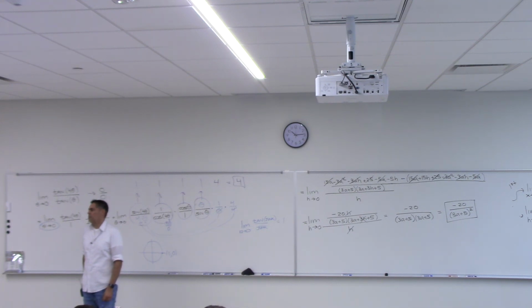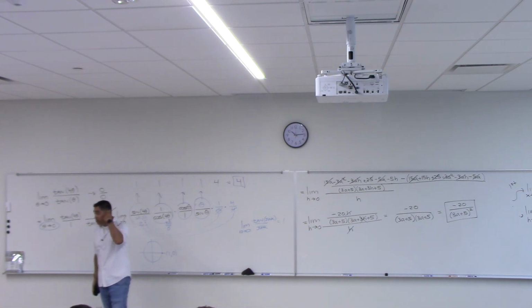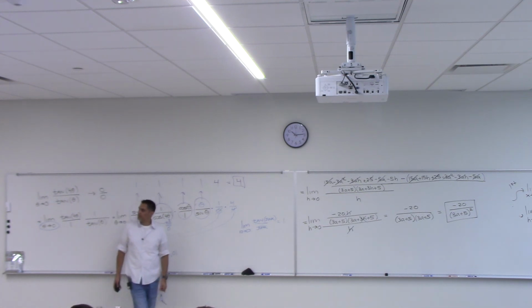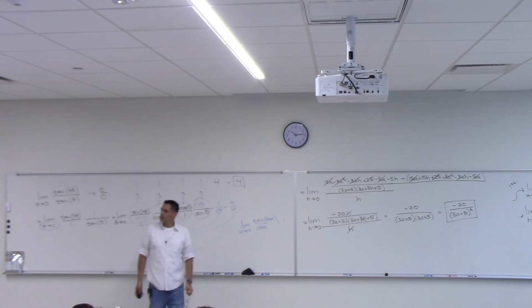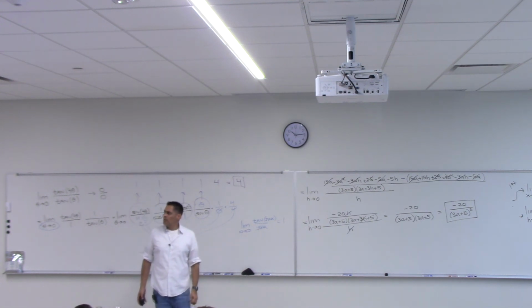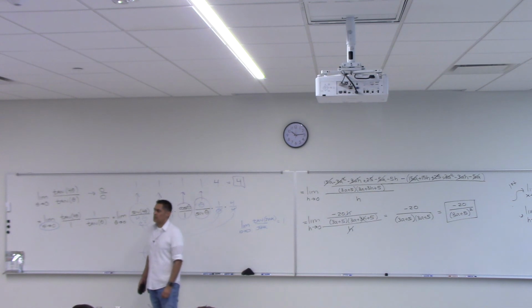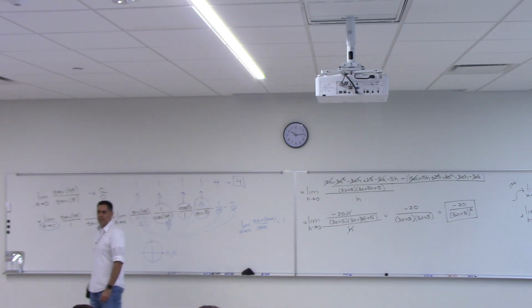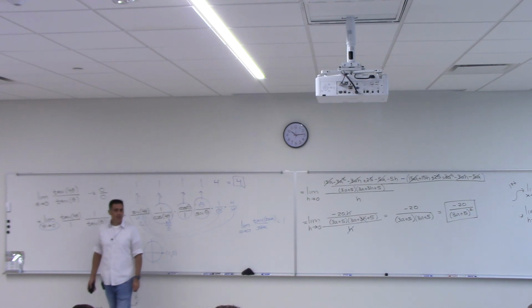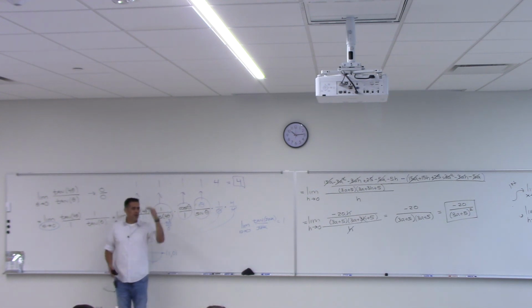Number 7 is one we just did. What about number 8? As x goes to 2, where does the top go? 2.001. So the top goes to a number, doesn't it? Fixed number on top, and the bottom goes to 0. What happens when you have fixed over 0? Infinity, negative infinity, or does not exist.